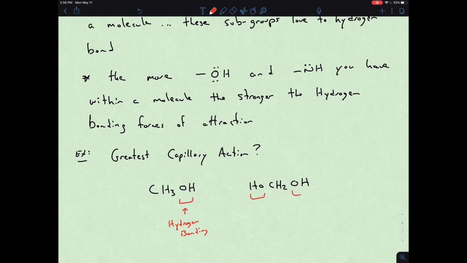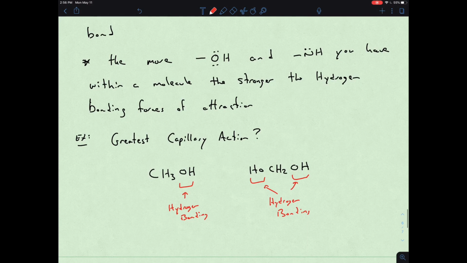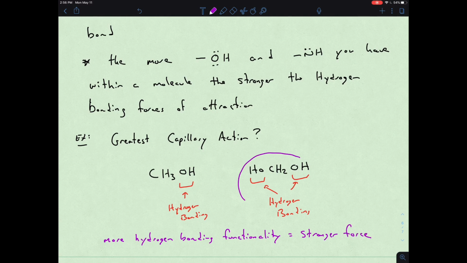But if we look at our molecule on the right, we actually see two sets of hydrogen bonding. So more hydrogen bonding functionality, right, is going to equal the stronger force. And since we're looking for greatest capillary action, we're looking for the strongest force, and so that would be the one with the 2 OHs.